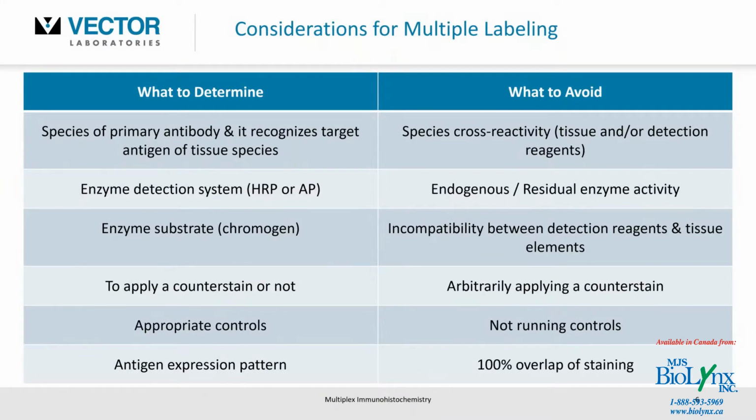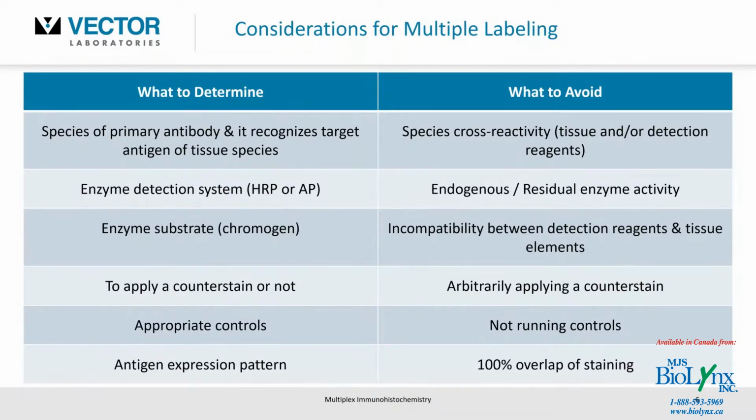But first off, in this top box here, I'd just like to point out that if you are going to introduce a second or a third label, make sure you're aware of the species of that primary antibody that you've got relative to the one you may already have in place and the species of tissue. And just ensure that that additional, that second or third primary antibody that you're going to be applying on the specimen does recognize the target antigen of that tissue species.